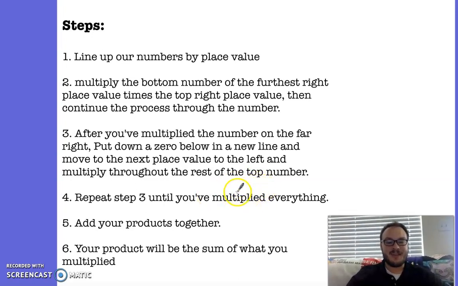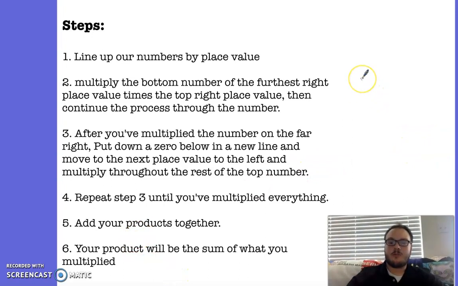Step 4 is repeat step 3 until you've multiplied everything, being sure to note your products down in the bottom as we go. Step 5 is add all your products together that you found. And step 6 is that your product will be the sum of what you multiplied.